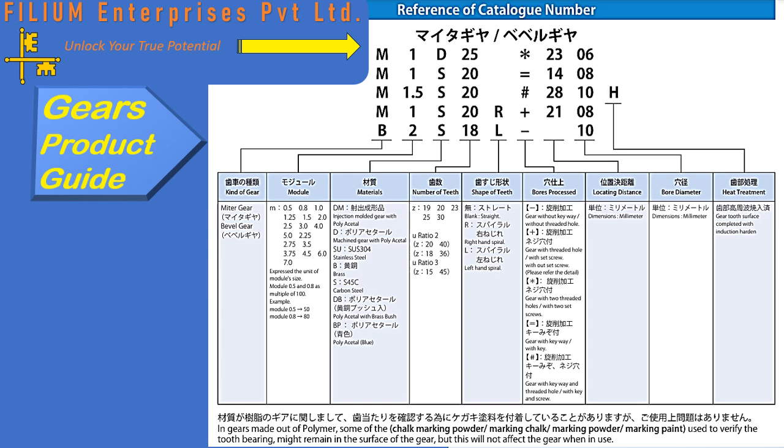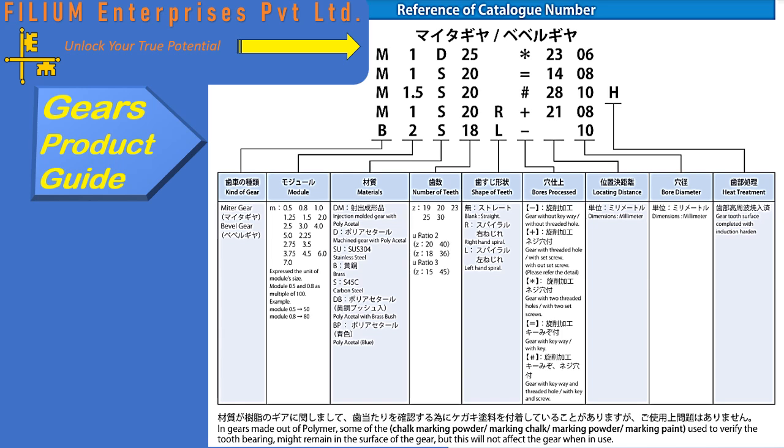Finally, you have the hash option, which is a gear with keyway and threaded hole, or with keyway and screw options. Those are the signs that you'll see in the middle, and as you know your options, you can type these in and dynamically search for these products amongst hundreds and thousands of products on our shop portal.